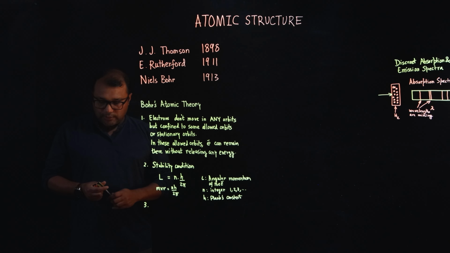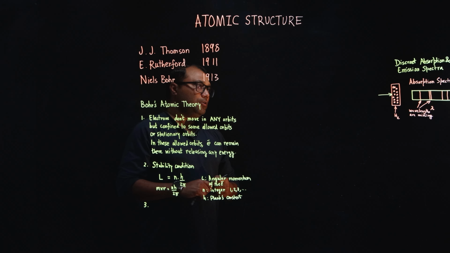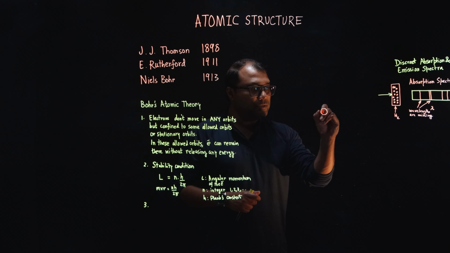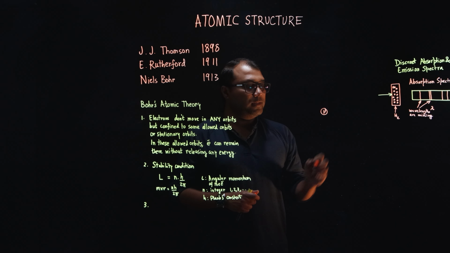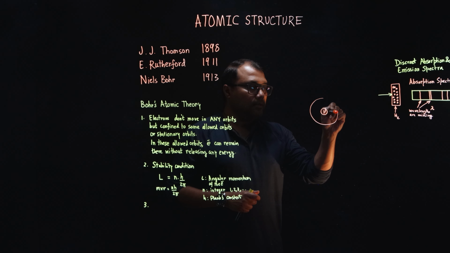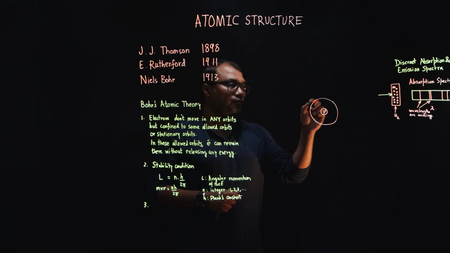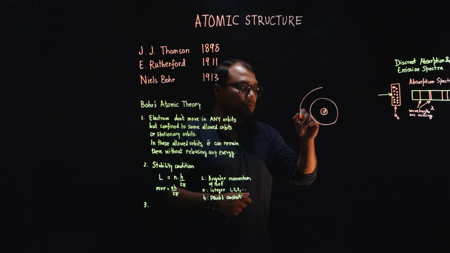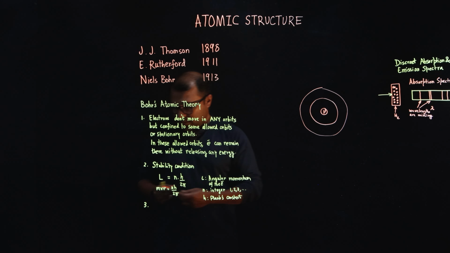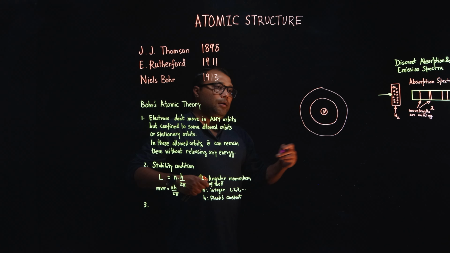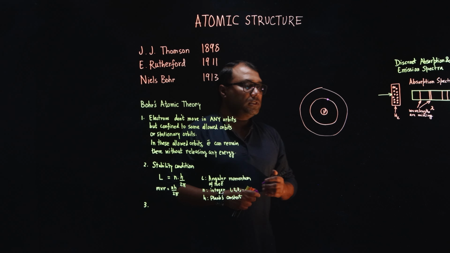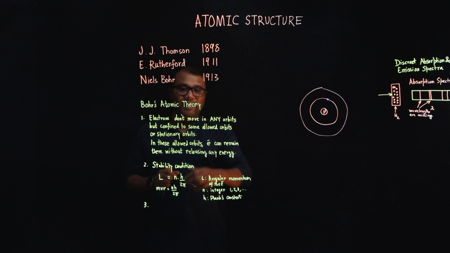So before I write down the third postulate, let me quickly draw maybe the hydrogen atom. So there is one proton in the hydrogen atom, and let's say this is one orbit. This is another orbit. And the electron is in one of these allowed orbits.